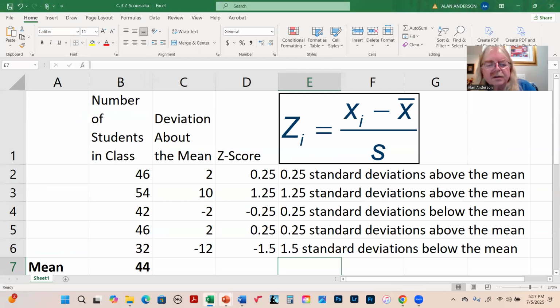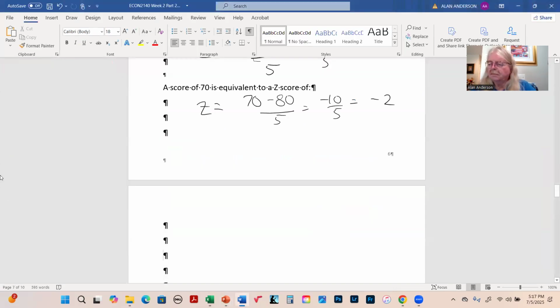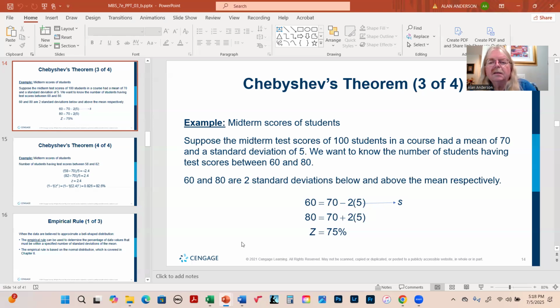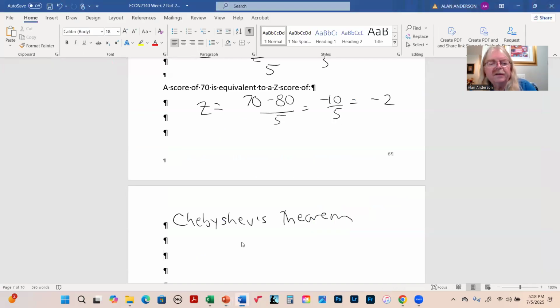let's write this into the notes. Let's say that we have 100 students. The mean is 70 and the standard deviation is 5.